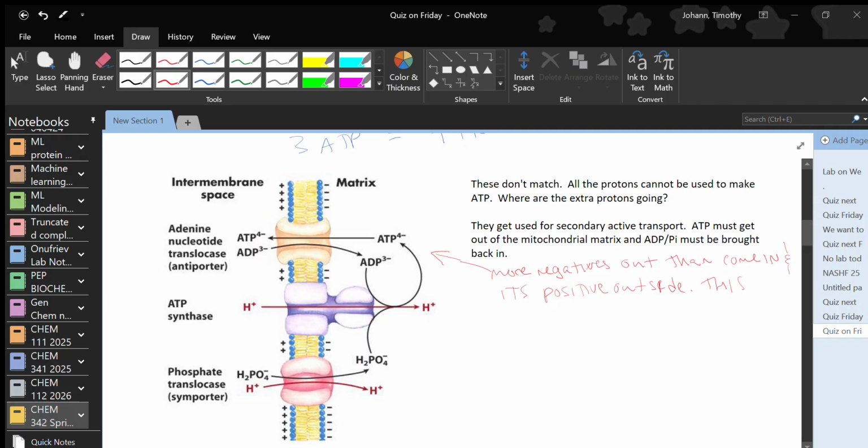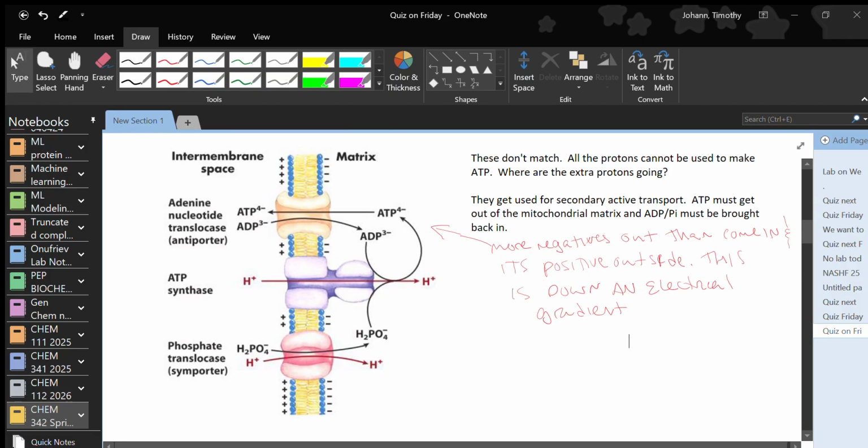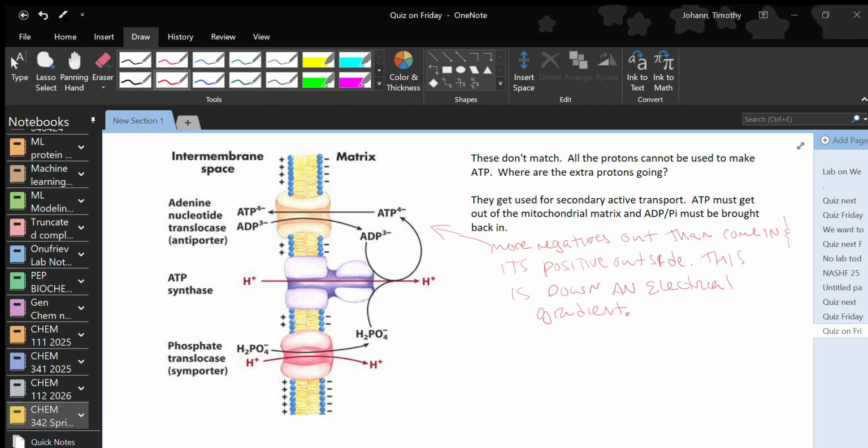All right, so this is down an electrical gradient. All right, so the energy required to move that ATP out and bring the ADP in is all just provided by the gradient that's been created by the electron transport chain. And so no energy is really consumed there.